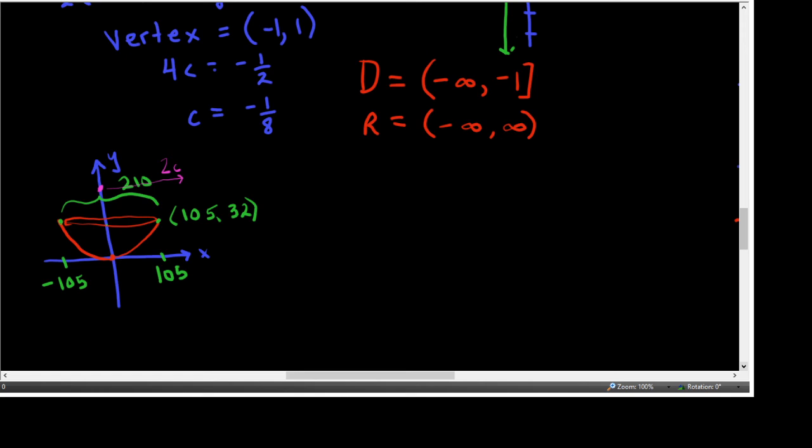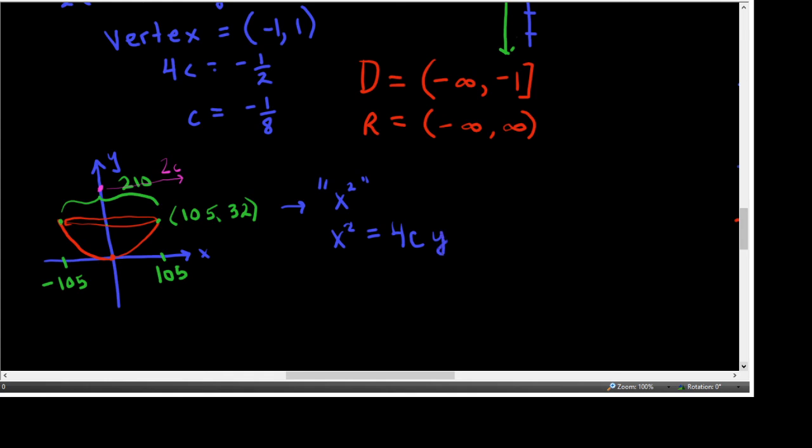So that's not going to help us. Now, what will help us is the fact that it is upward pointing. So that means that we're going to be using the idea that x is the variable that's squared. And our vertex being 0, 0 makes this x squared equals 4 times unknown c times y.